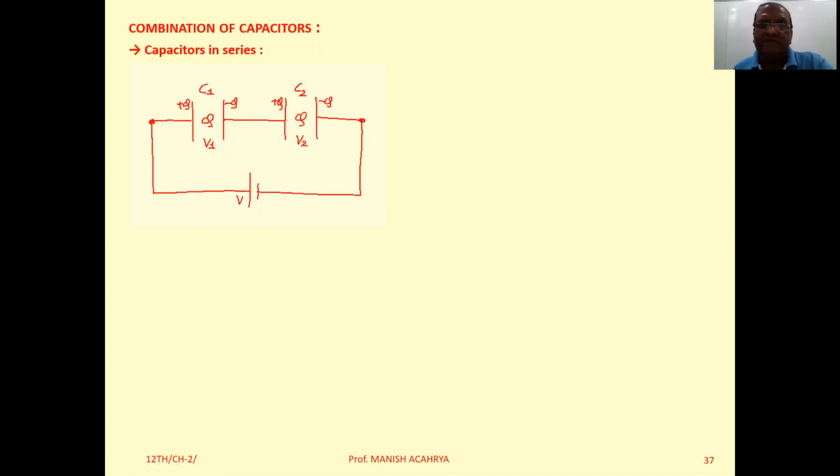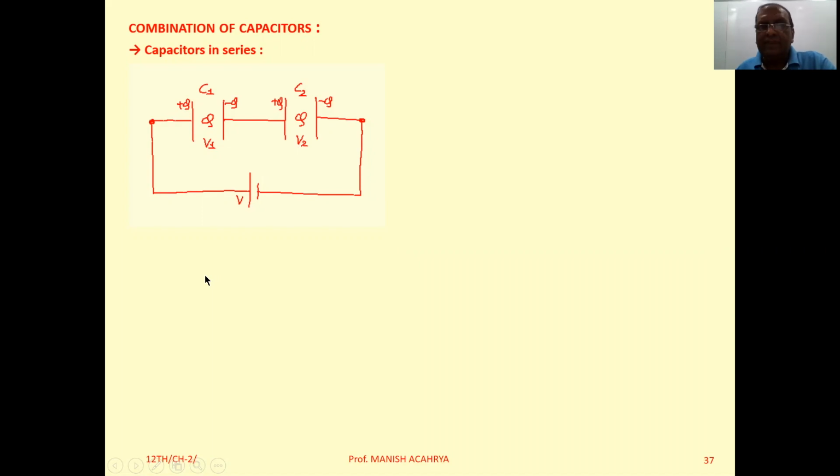So C1, C2 are the capacitances, and the charge on each capacitor is Q. Obviously, the potential difference across each capacitor will be different, and suppose it is V1 and V2.